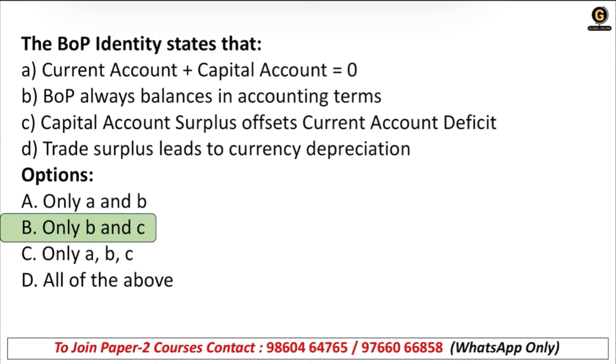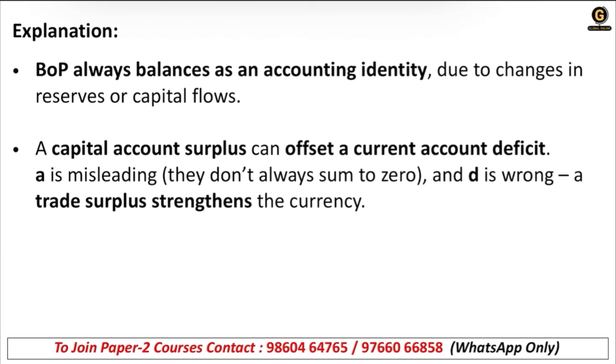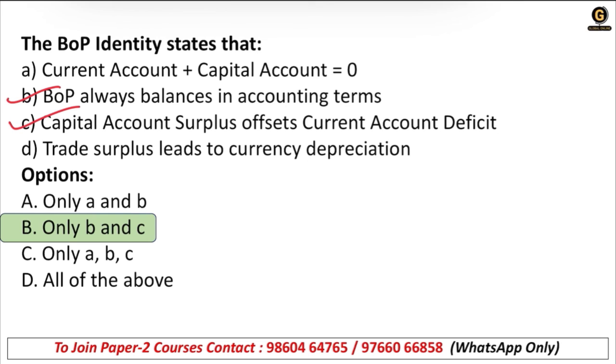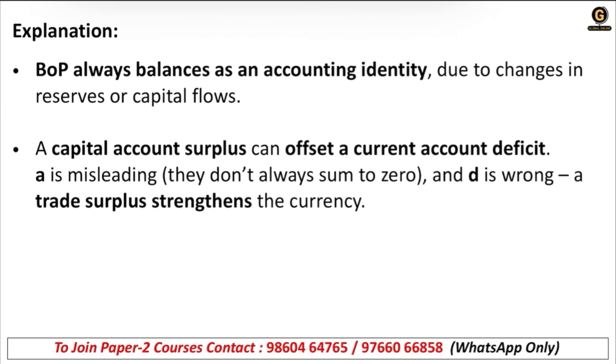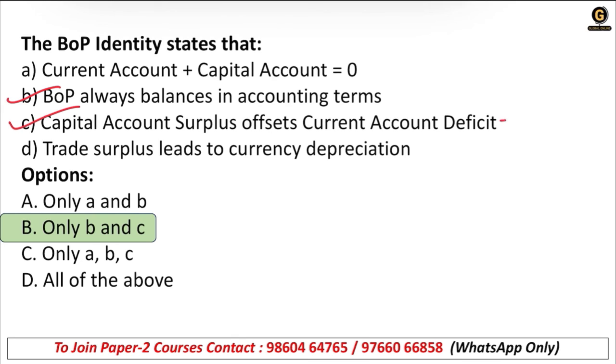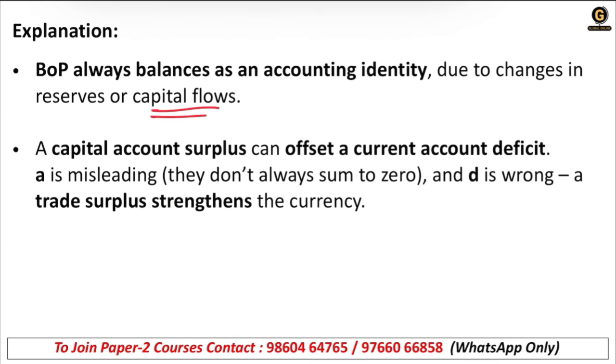Right answer is option B, B and C. See, BOP always balances in accounting identity. That is totally correct, due to changes in the reserves or capital flows. A capital account surplus can offset a current account deficit. That is also correct, so B and C.